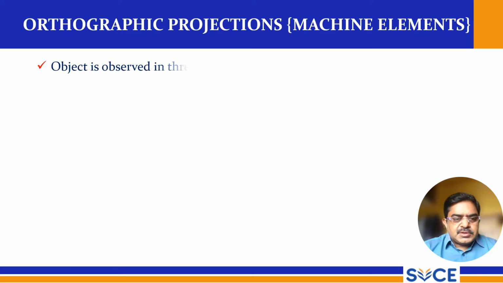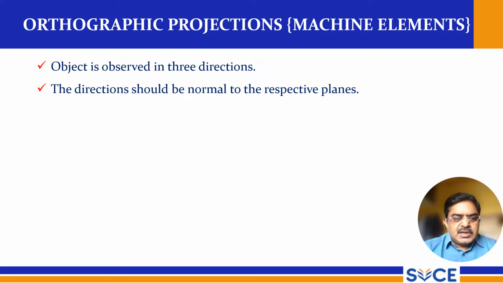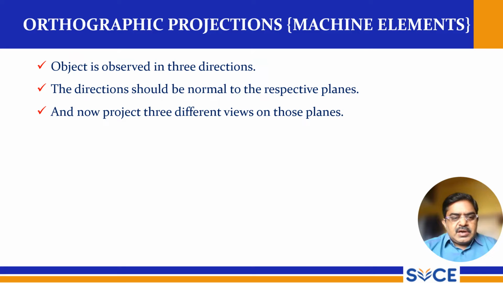Orthographic projections: the object is observed in three directions. It is normally a three-dimensional object. The direction should be normal to the respective planes, and now we project three different views on those planes. Those planes are nothing but the principal planes, which are the vertical plane, horizontal plane, and profile plane.